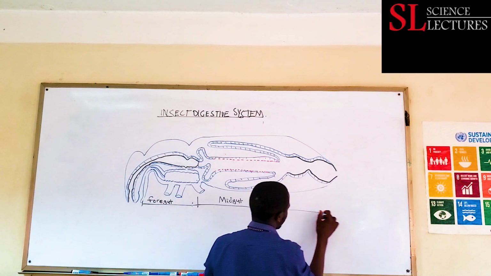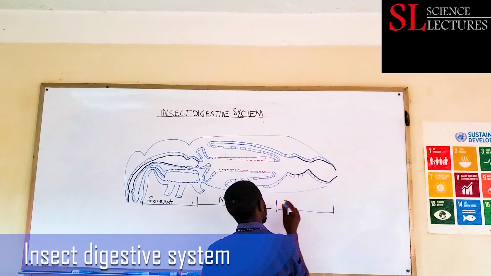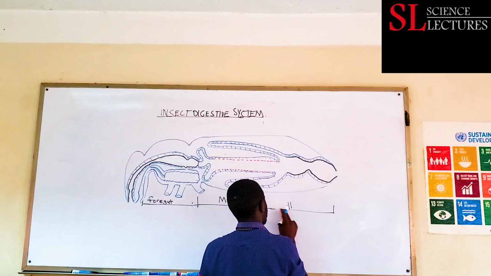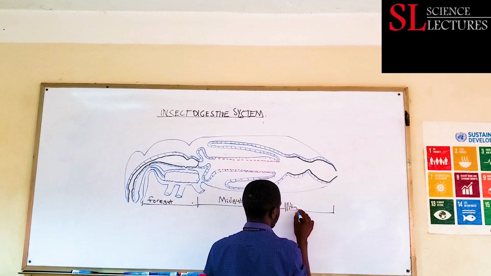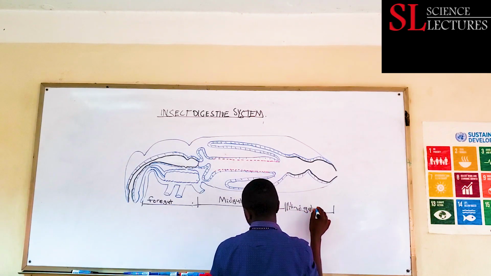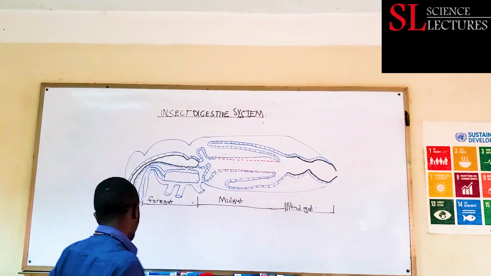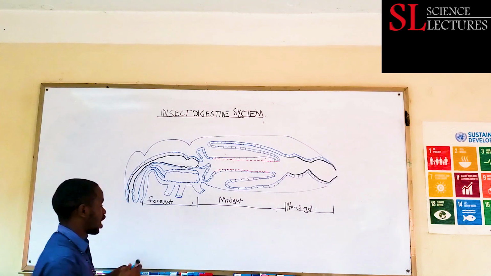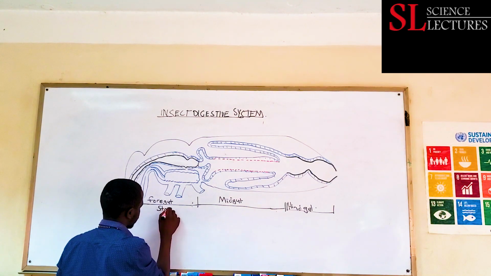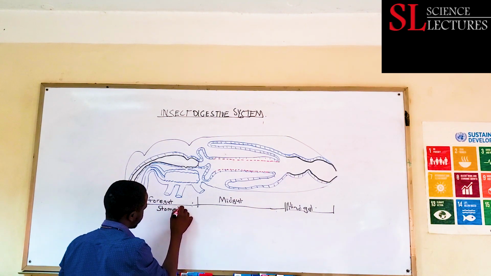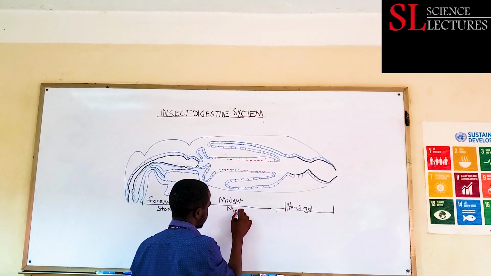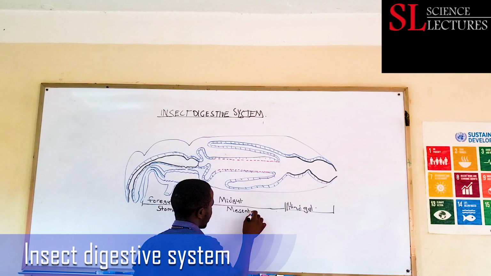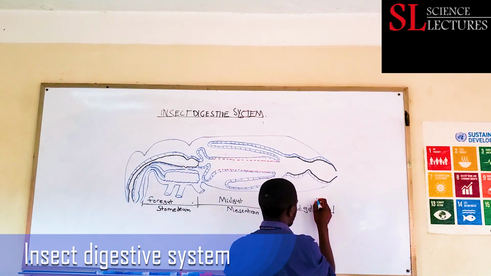Then from here to where it ends is the hindgut. Very important to note that the foregut can be called the stomodeum, the midgut is called the mesenteron, and the hindgut is called the proctodeum.